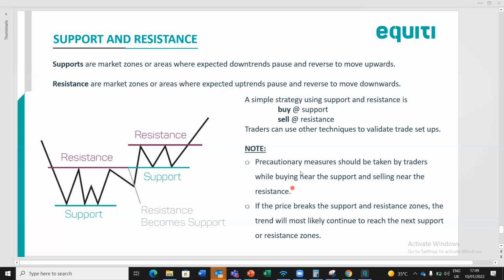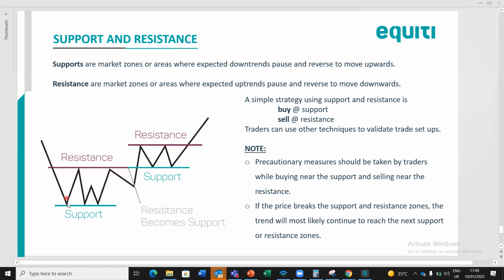Now, note that precautionary measures should be taken by traders while buying near the support and selling near the resistance. Why is that? Because if price breaks the support and resistance zones, the trend will most likely continue to reach the next support or the next resistance. So precautionary measures should be taken when you want to buy near a support. Why?